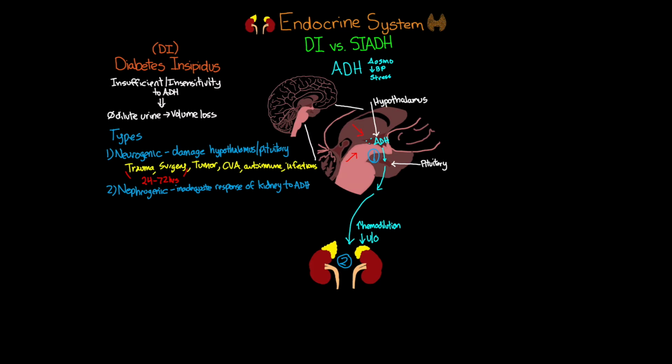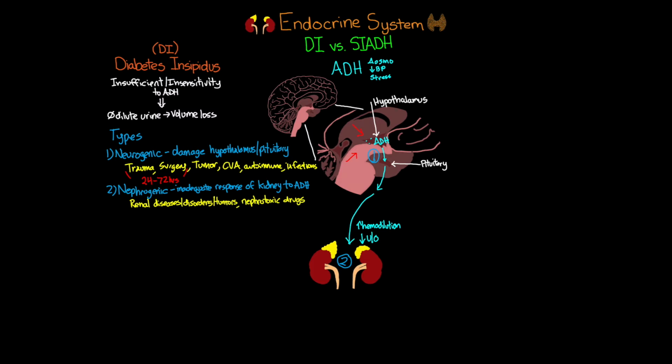And typically our nephrogenic is going to be less dramatic than what we see in our neurogenic DI, and it's really fairly uncommon for you to see this. And some of our causes for this are going to be our renal diseases, our renal disorders, possibly renal tumors, as well as nephrotoxic drugs.